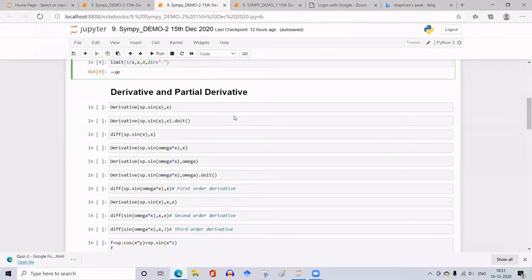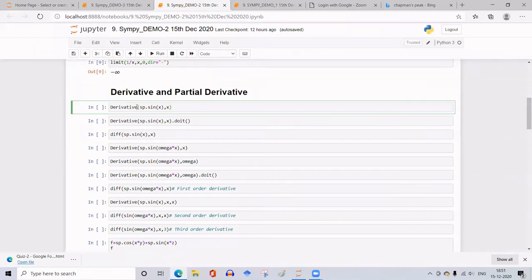So derivative and partial derivative. Now the derivative is written in symbolic form by using Derivative with capital D. To evaluate that, use either doit or evalf. Let me first write this sin x derivative with respect to x.